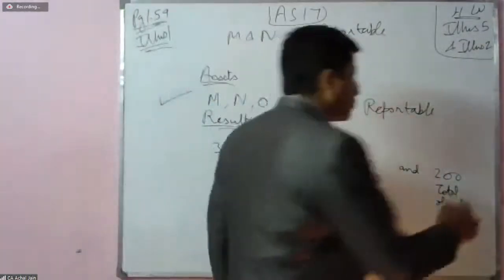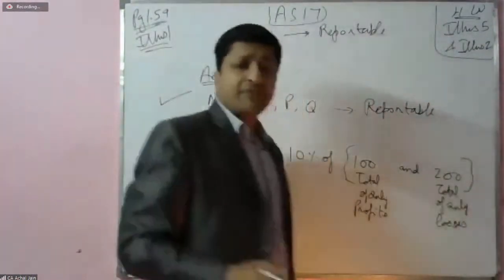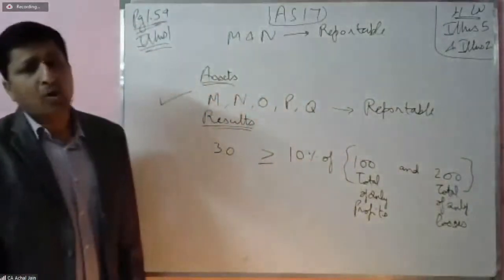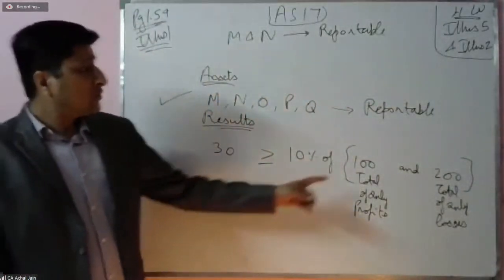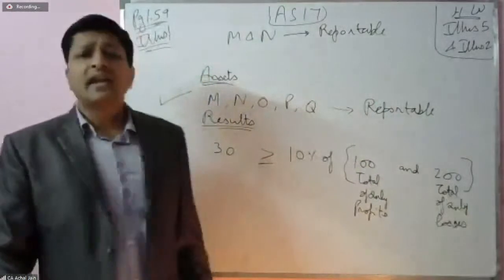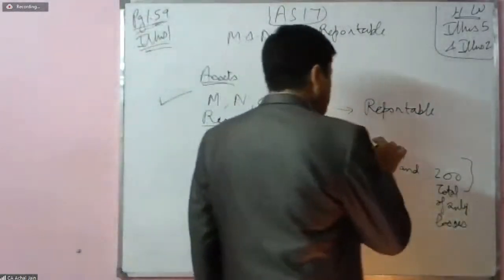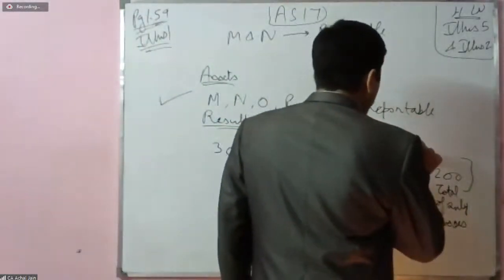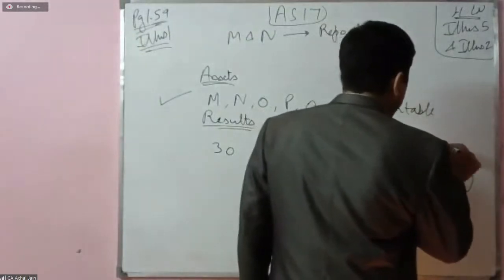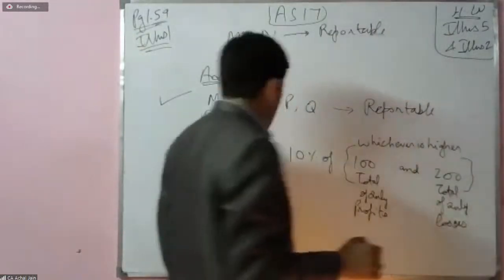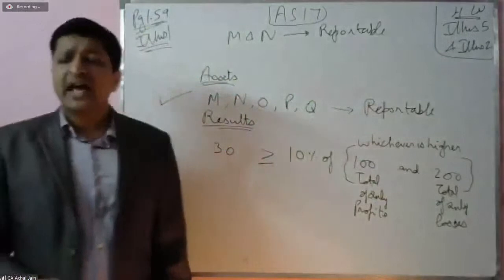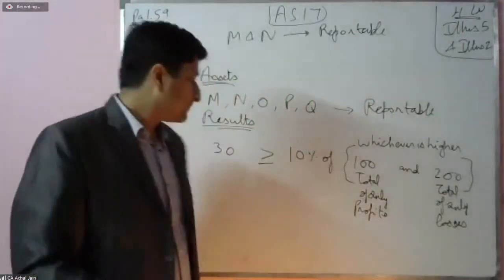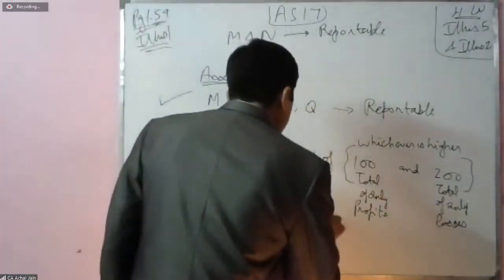So we have not taken 200 as the negative number. I have taken 200 as the positive number. Out of these two, whichever is higher has to be picked up. So out of these two, which one is higher? 200.